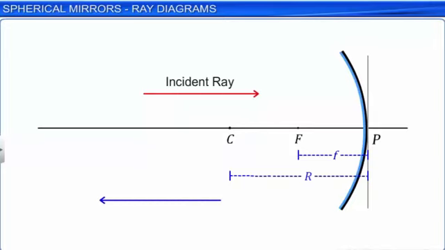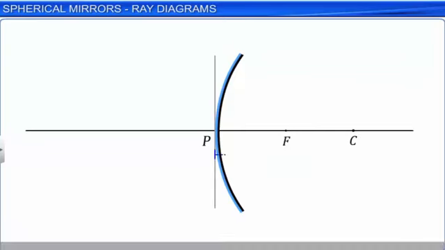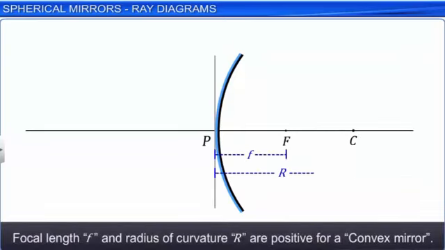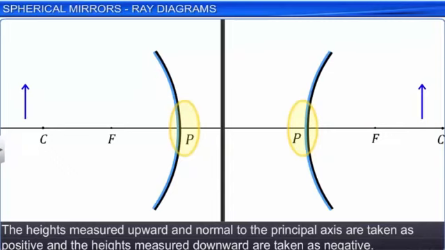On the other hand, for a convex mirror, the values of focal length and radius of curvature must be positive, as these measurements are in the same direction as the direction of the incident ray. Heights measured upward and normal to the principal axis are taken as positive, and the heights measured downward are taken as negative.